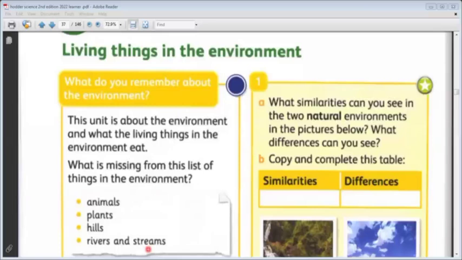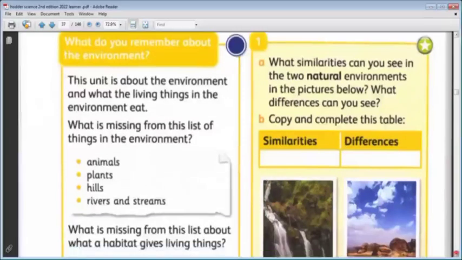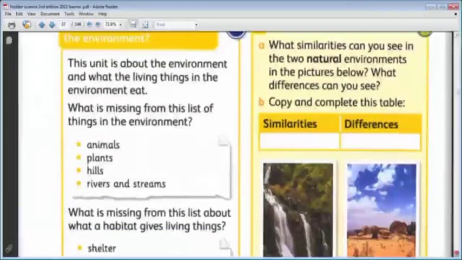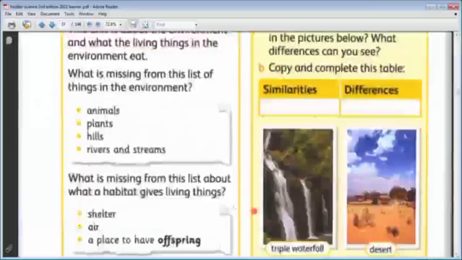So the environment is the big world around us. Habitat is a part of the environment that contains the food, air, water, and shelter for the living organism.